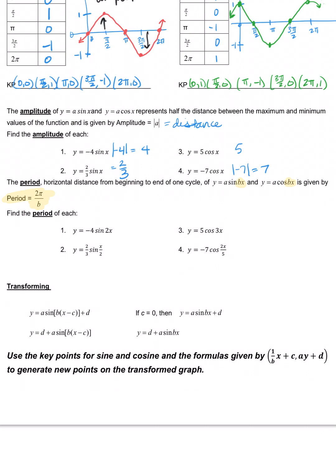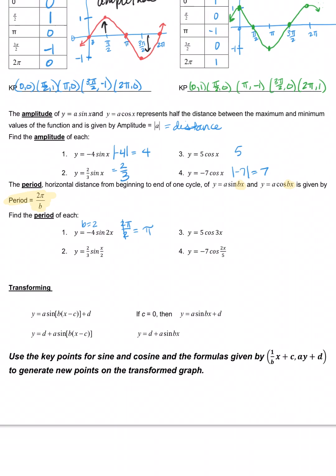In number 1, let's find the period of this equation. What is b? B is 2. So I take 2 pi, divide by 2, and I get pi. The period is just pi. What about number 2? What is b here?